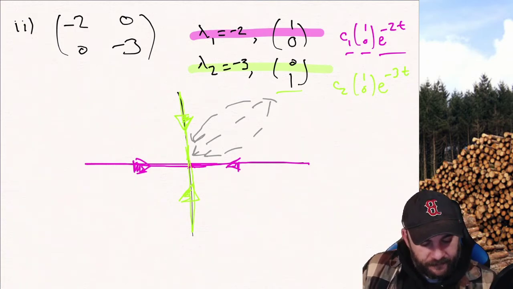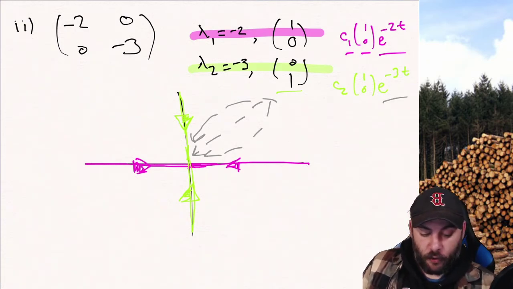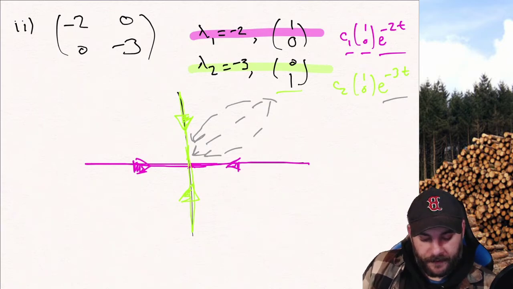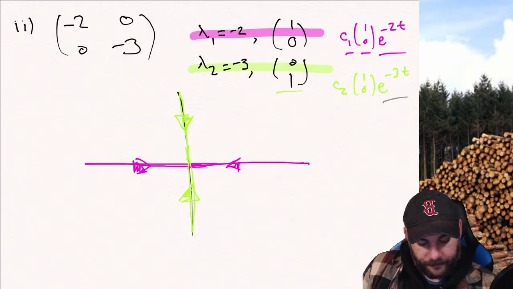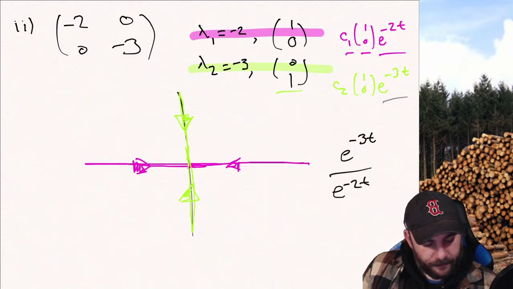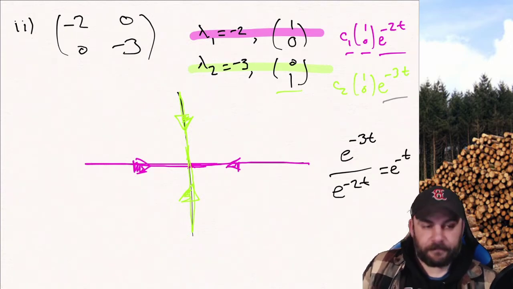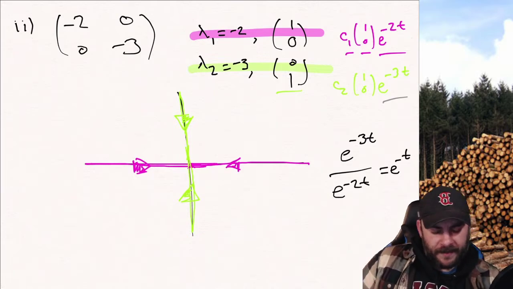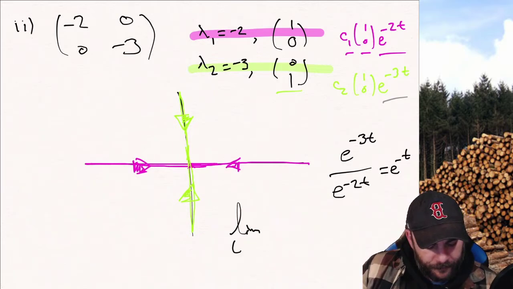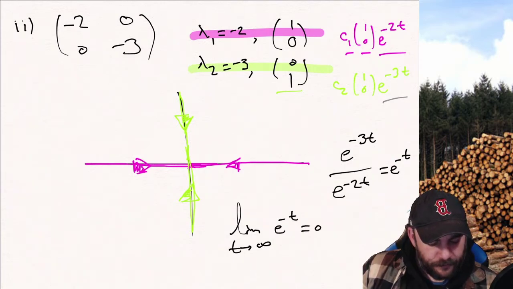Well, since -2 is not the same number as -3, we know we're not on a straight line. We can once again look at the ratio of things. So to do that, my y direction is in the green, so I have e to the minus 3t, and I'm going to divide that by e to the minus 2t. This is the exact same as e to the minus t. Cool. So now, as time goes to infinity, e to the minus t goes to 0.